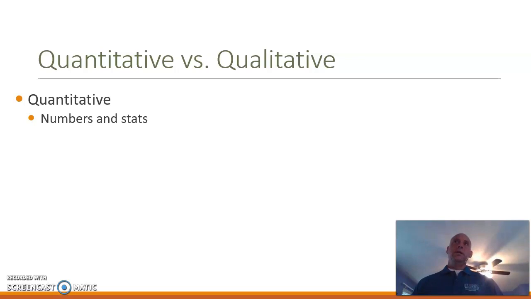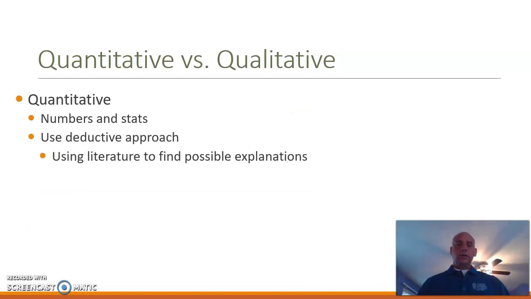So quantitative, you're going to collect information that can be transferred into numbers or is numbers, okay? And then you can run statistics on it. One of the things that you'll see is quantitative research uses deductive reasoning. It's a deductive approach.